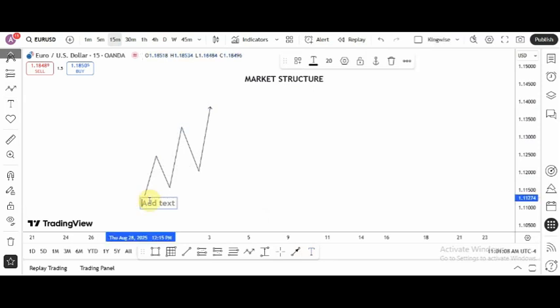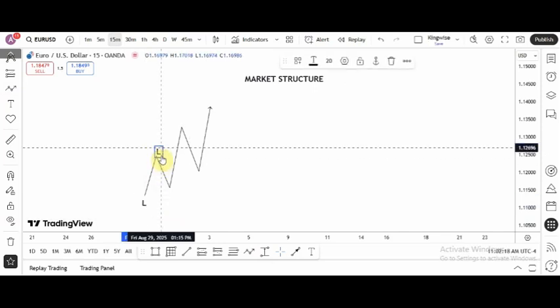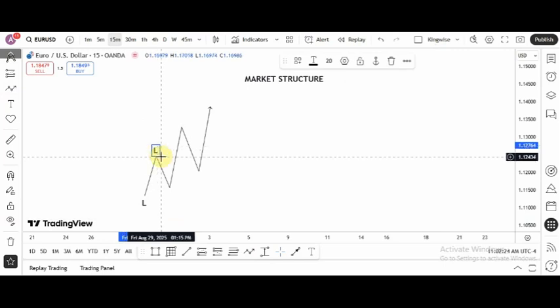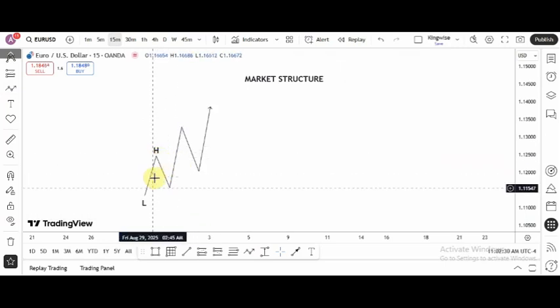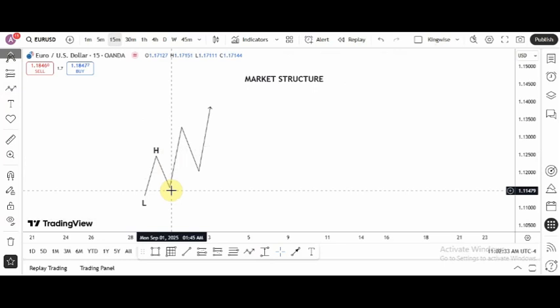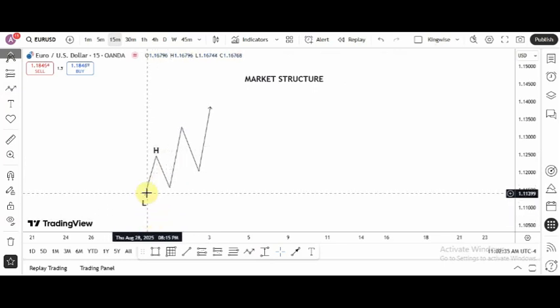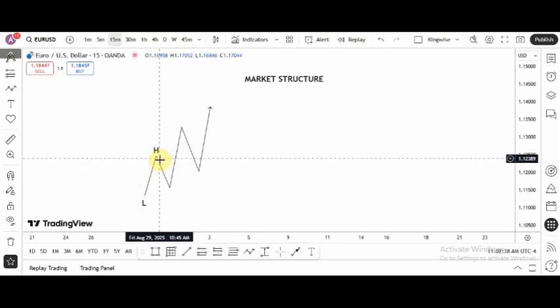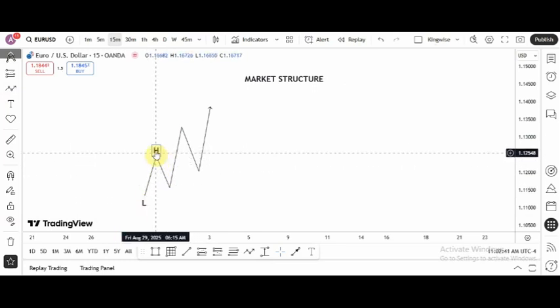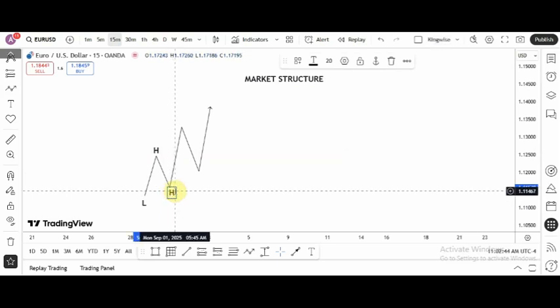This is your low, so we have a low. Now this low produces this new high, and then when price pushes down to this point, not taking this low here, this becomes your higher low.